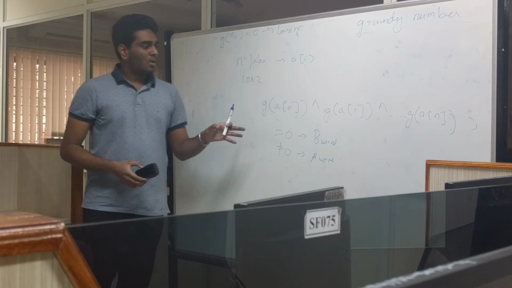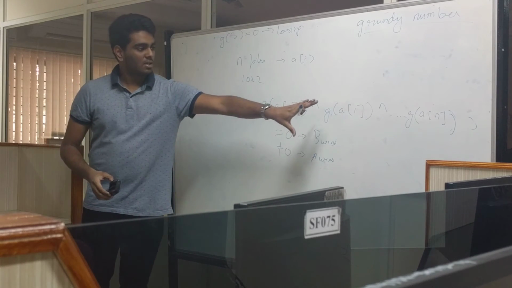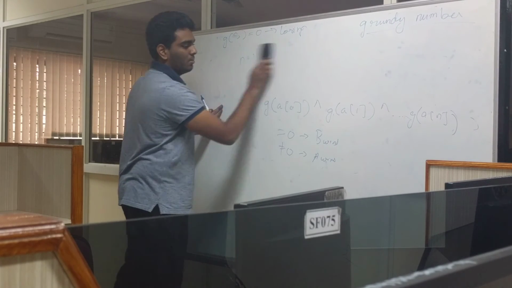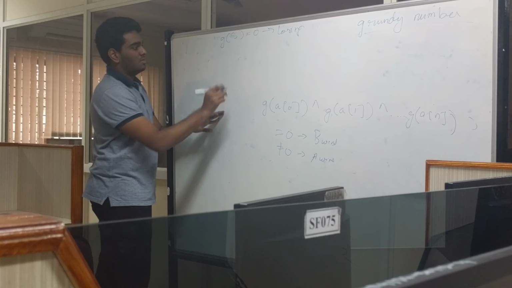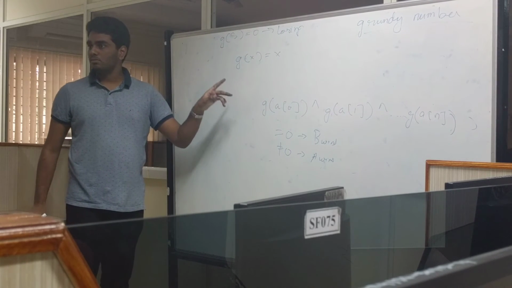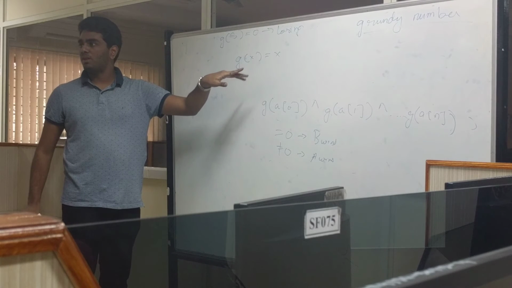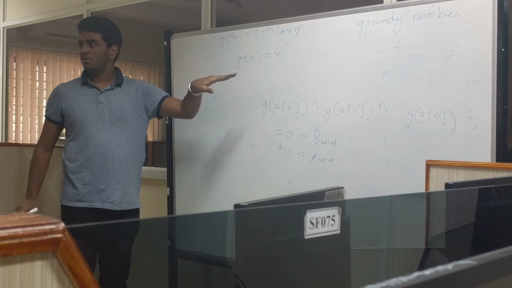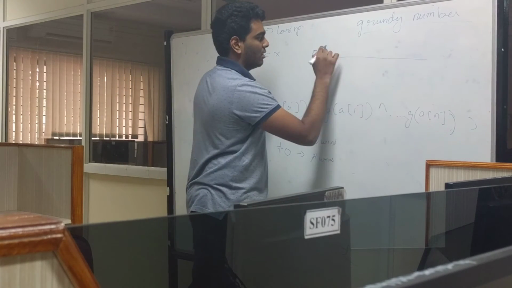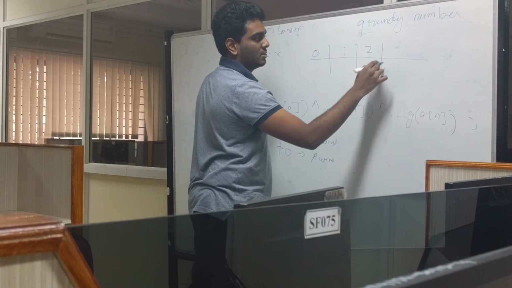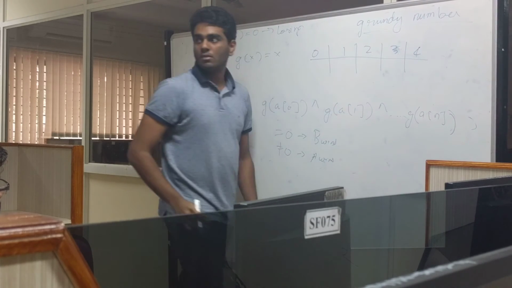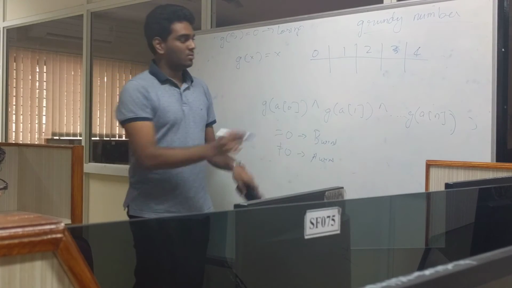One thing you can realize is you can derive nim from this. Because in the nim game, g of x equals x. Why? Because if my game is that I can remove any number of coins from a stack, from 1 I can go only to 0.